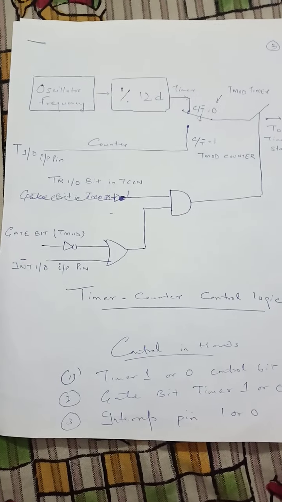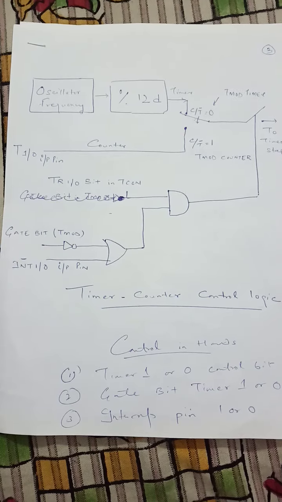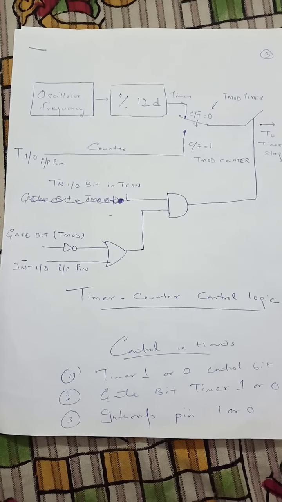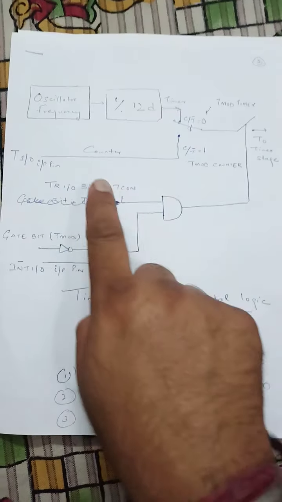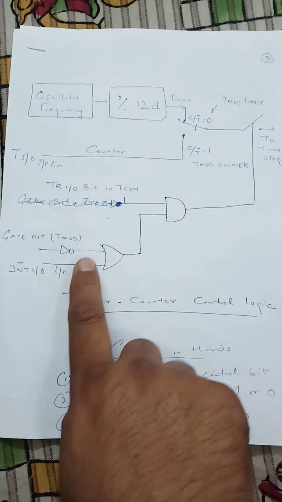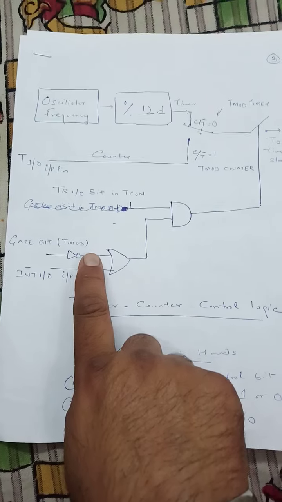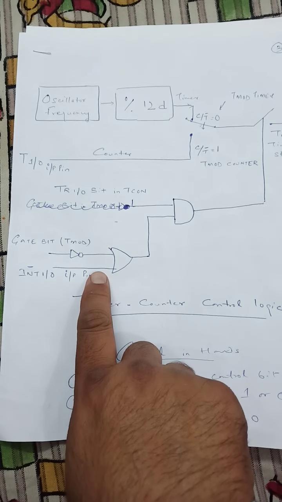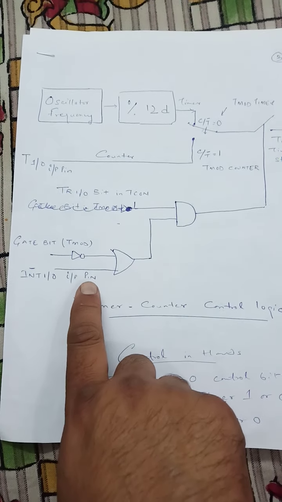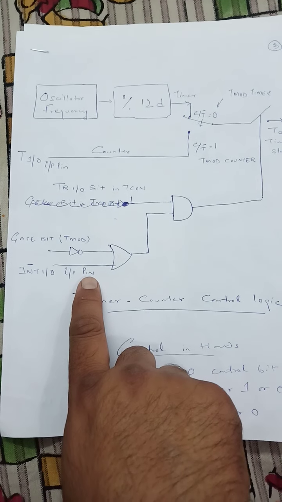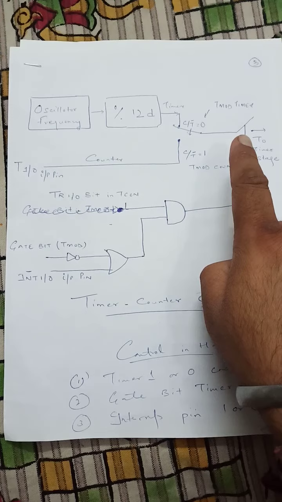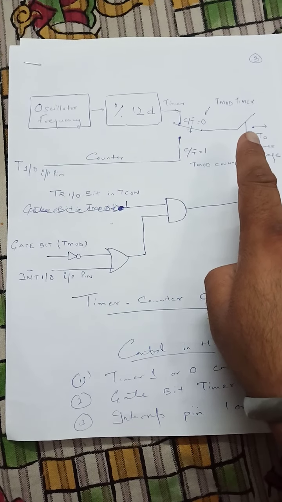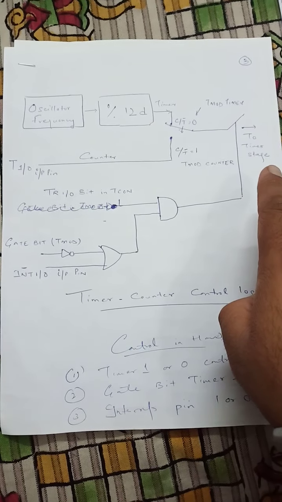So either the gate bit or the external interrupt pin, in combination with the TR bit of the TCON register, controls this gate operation, and from this gate operation it is sent to the timer stage.